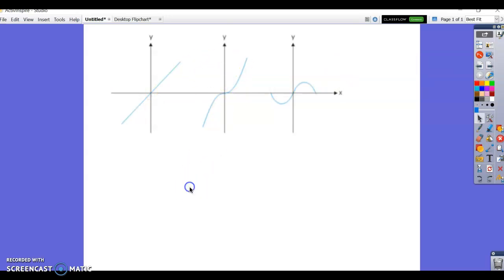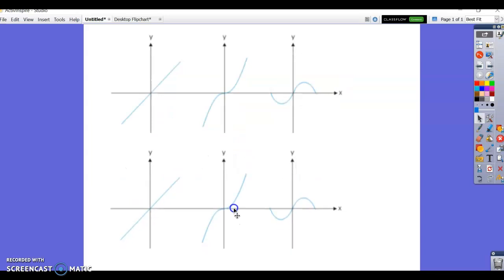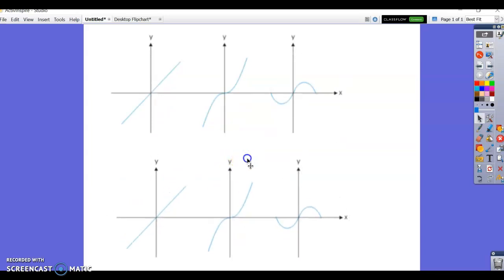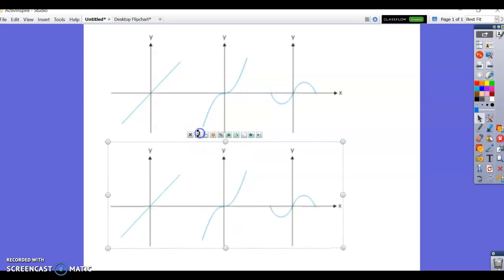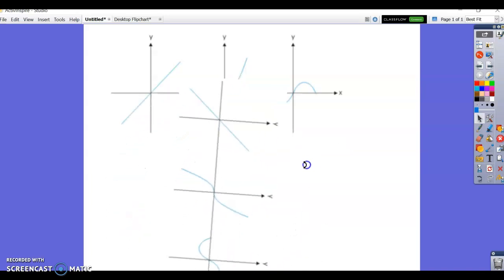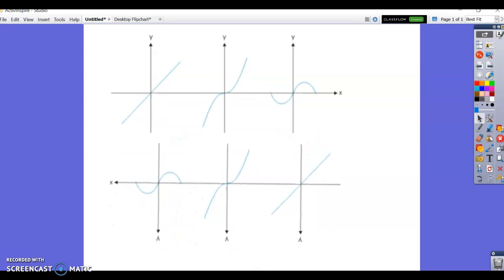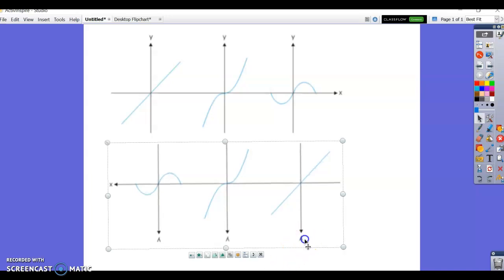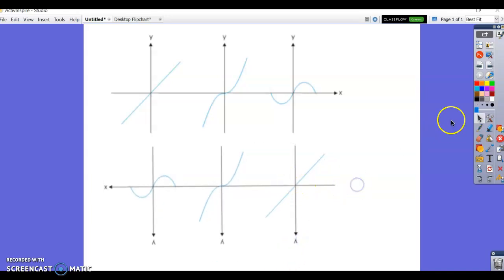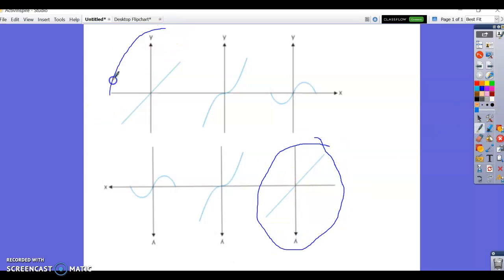If I take these odd graphs and rotate them 180 degrees, is this graph the exact same as that graph? Are those the same? Yes, they are. So that is why it is an odd function, because there is symmetry about the origin.